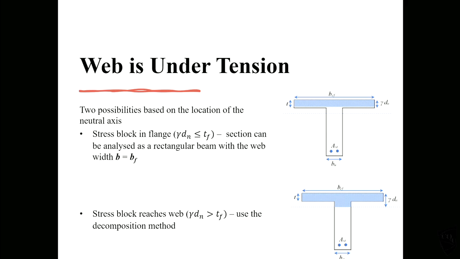Okay. So that is the only difference. So the T section or L section is technically easier except the last case, where the stress block reaches the web. In all other cases, it becomes a simple rectangle.